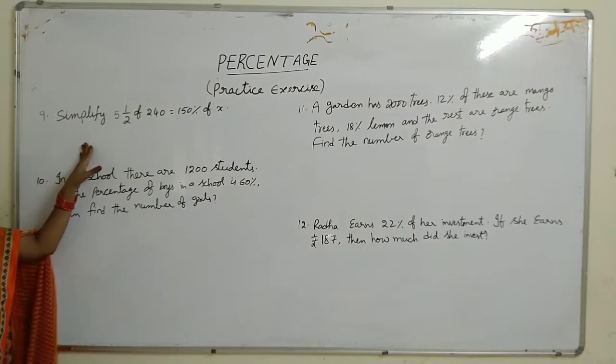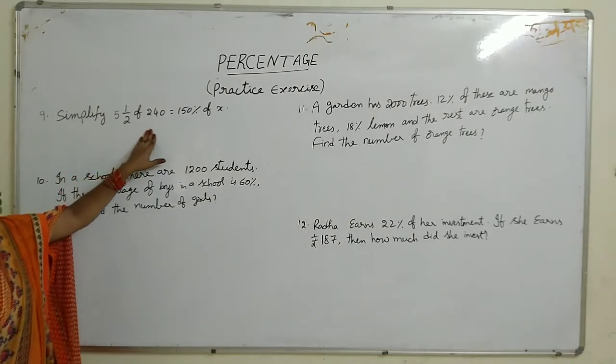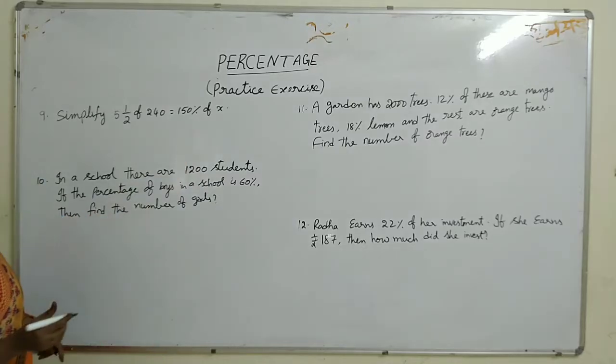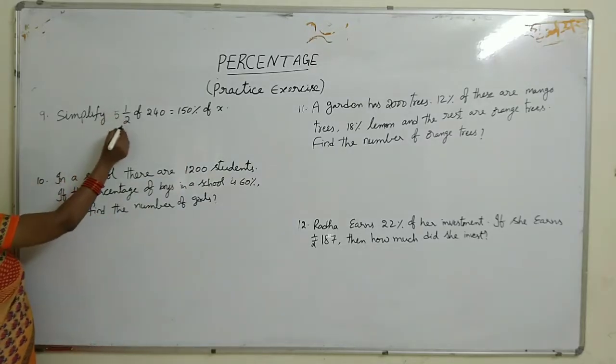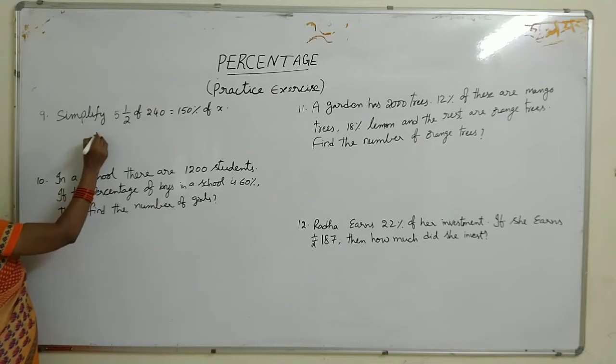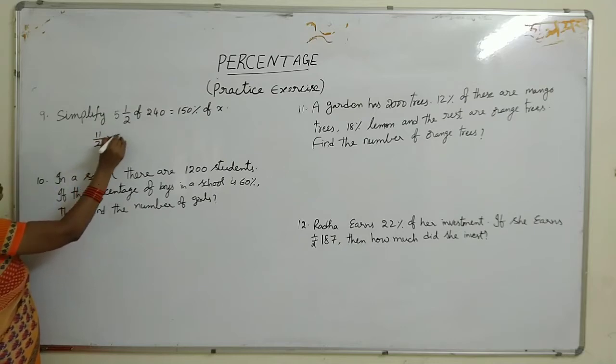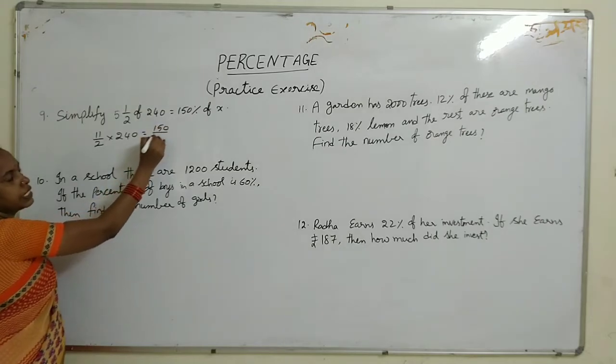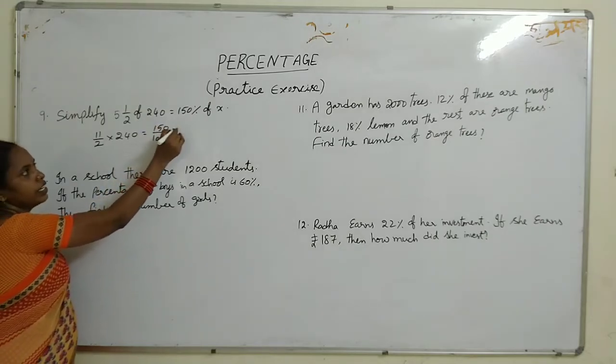Question number 9. Simplify 5 1 by 2 of 240 equals 150% of x. So 5 1 by 2 means 5 2s are 10 plus 1, 11 by 2, into 240 equals 150%. Percent means by 100, into x.